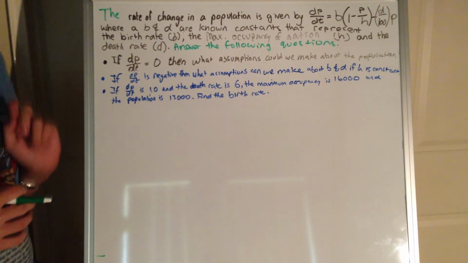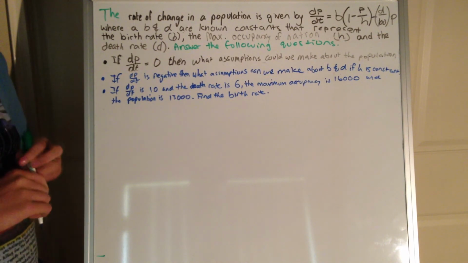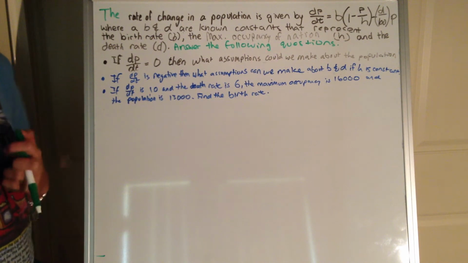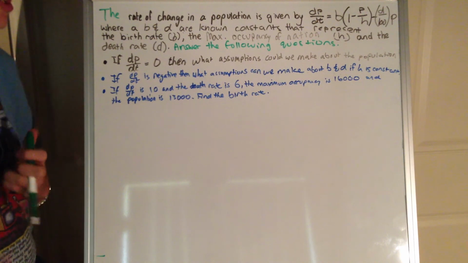So let's have a look at this question, shall we? The rate of change in a population is given by dp over dt, and this is just like having dy over dx. Instead of x and y, we have p and t, which will be population and time.